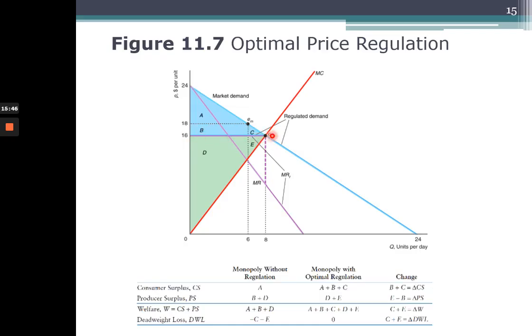The area between this price line and the marginal cost curve, areas D and E, become your producer surplus. So there's no dead weight loss, and welfare together is the sum of consumer and producer surplus. So it's very similar to your competitive outcome. So that looks fantastic if you were able to regulate the monopoly in such a way.